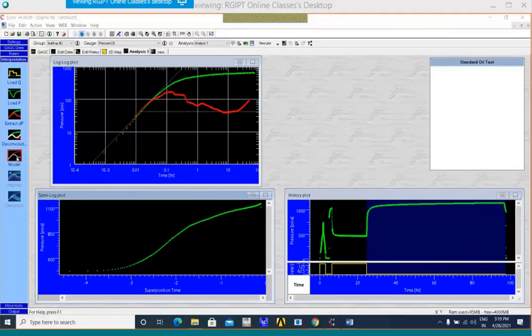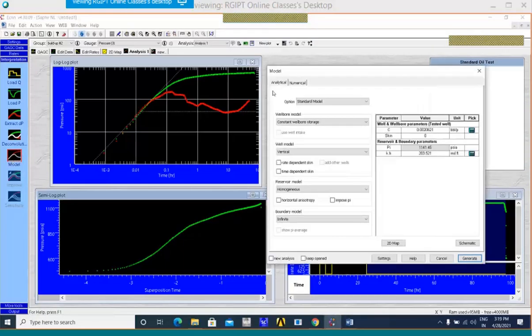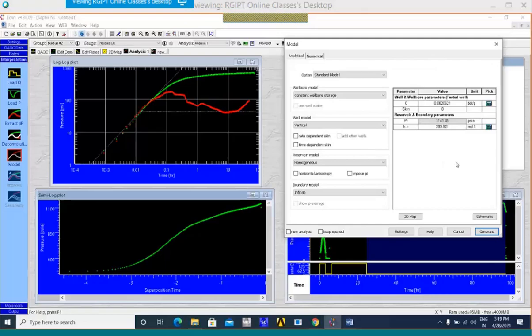Now we'll go with the model. So in the model, because nothing was clear from the description, everything was hidden in this description. It was asked that you have to diagnose and select the model which is giving the best fit.